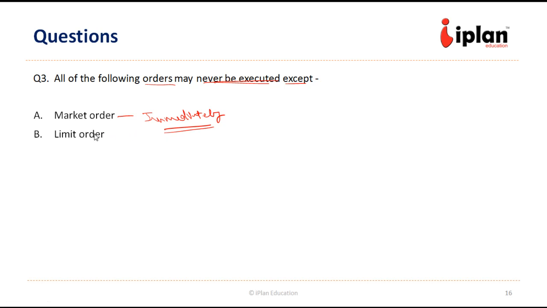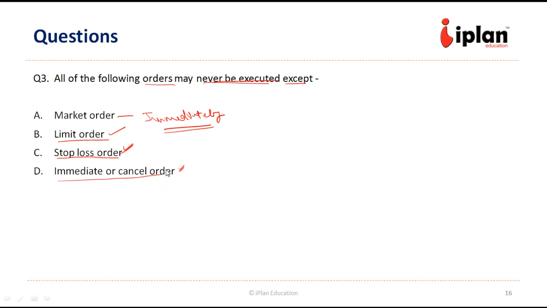The limit order may never be executed if it does not satisfy the price limit criteria. Similarly, a stop loss order may never trigger if the price keeps moving in the favorable direction. Such kind of order may never be executed. Then an immediate or cancel order also may never be executed.